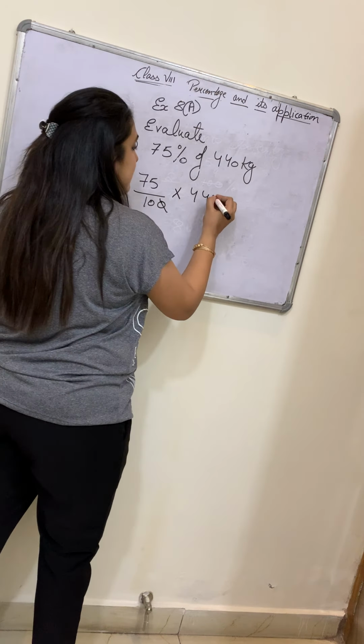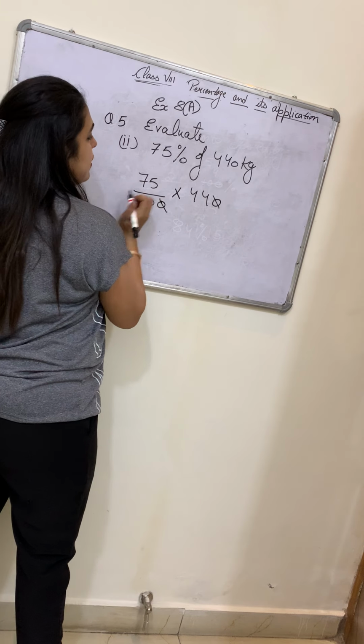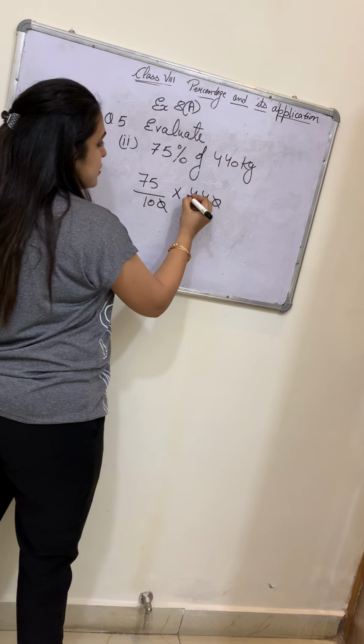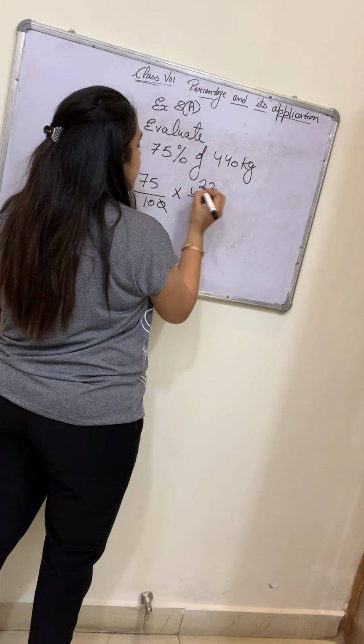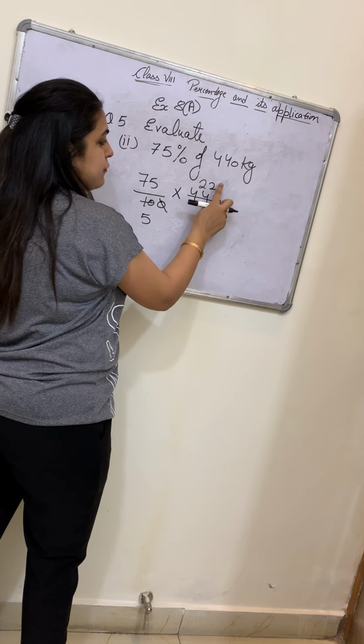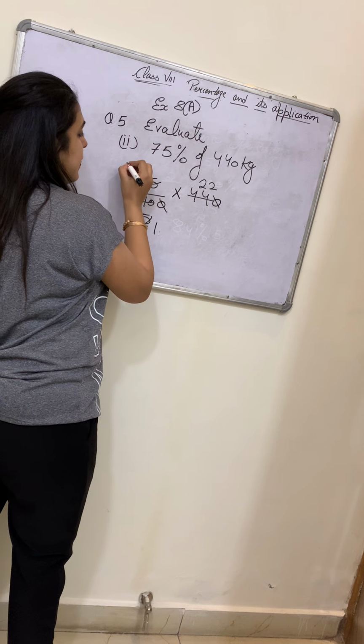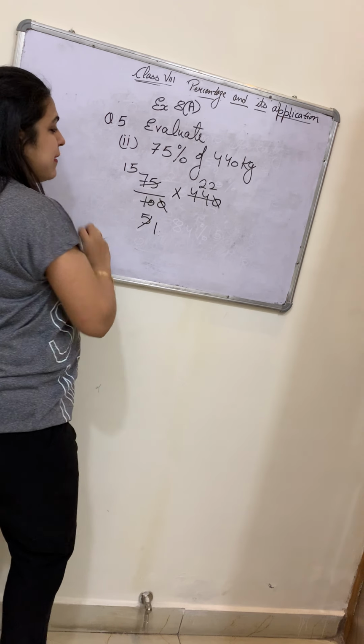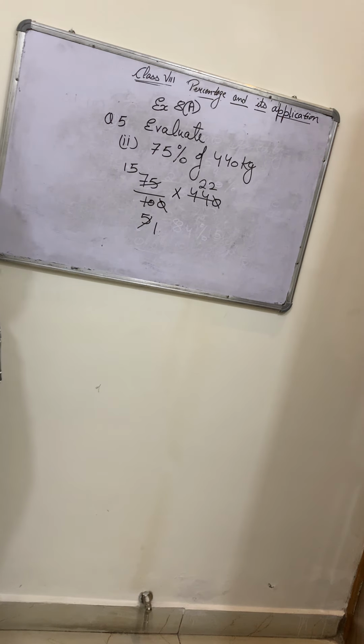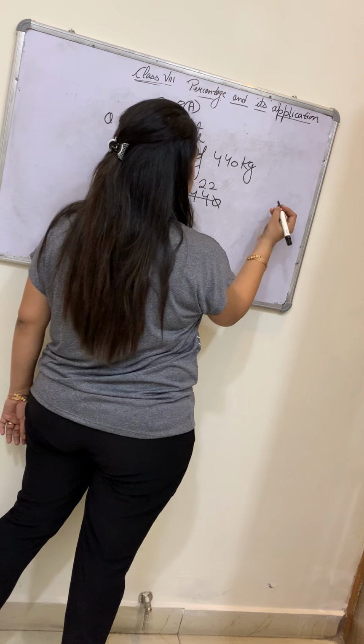0 will be cancelled by 0. I'm going to solve this. 2 2s are 4, 22, 2 5s are 10, 5 1s are 5, 5s are 25. Multiply 15 by 22.